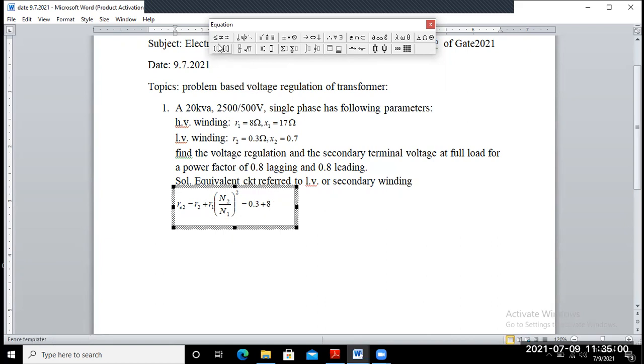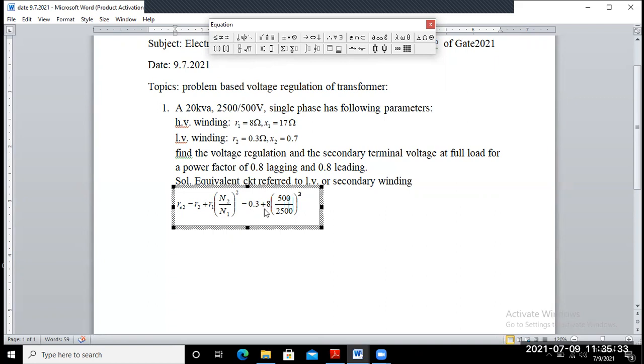This becomes 1 by 5, is it not? So 500 divided by 2500, whole to the power 2, gives 1 by 5 whole square, so 1 by 25.